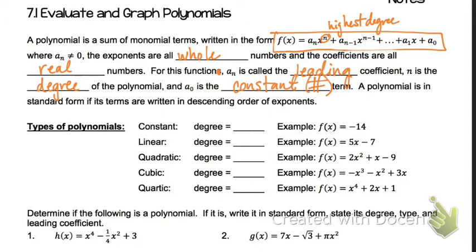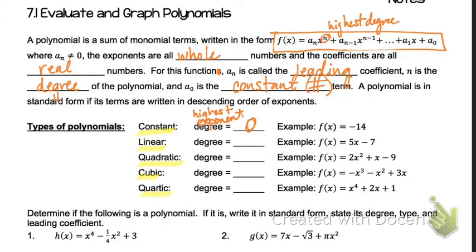So here are just some examples of vocab that I want you to be familiar with. Anytime you have a constant function, that means that it has no x value. When you say degree, that's your highest exponent. So in this case, the highest degree for a constant is 0.